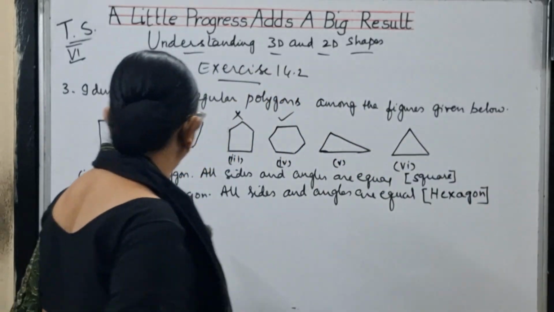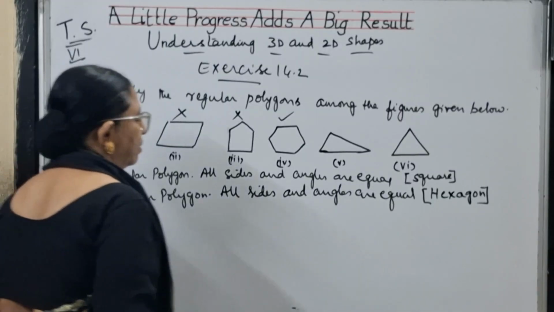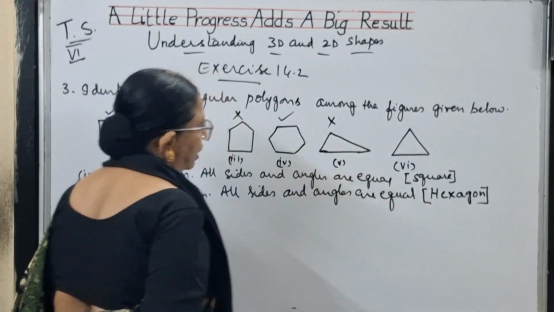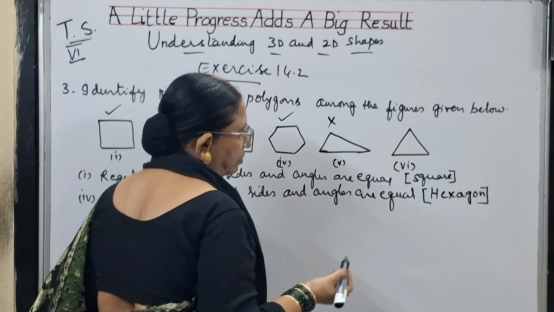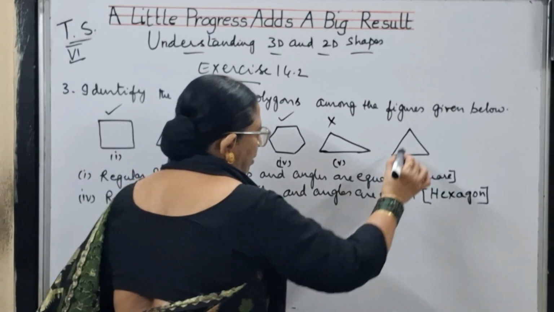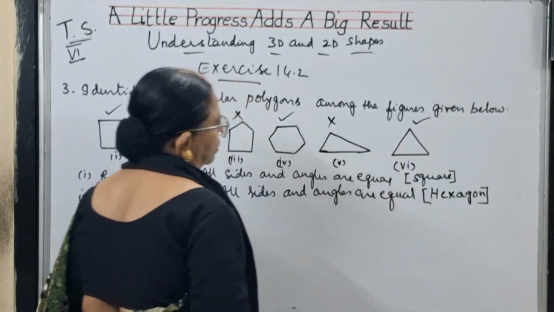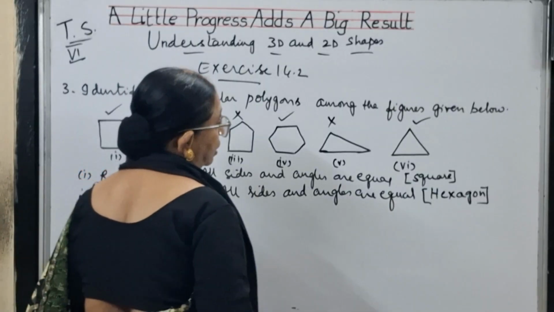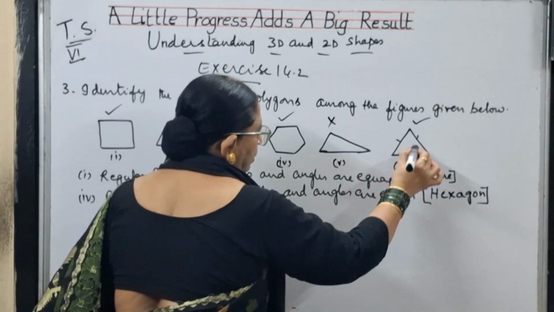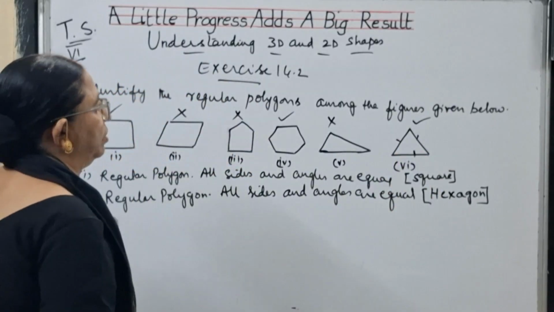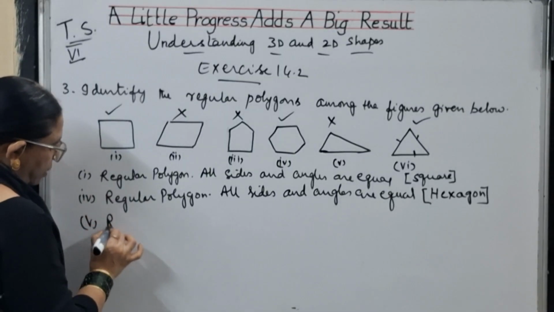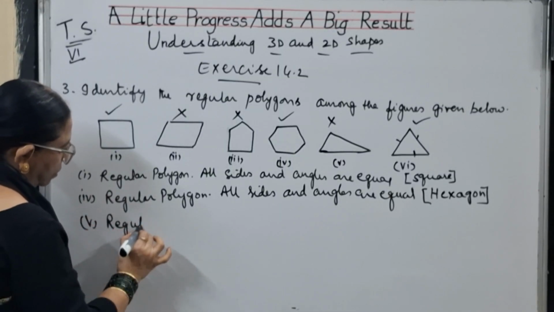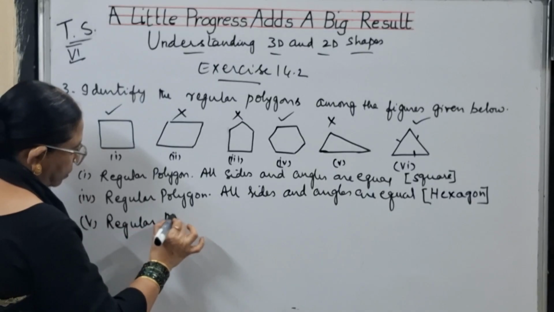So we call it a regular one. Then this is not, even though it is a triangle, but you can see the sides do not have the same measure. So definitely the angles will not be equal. But this will be a regular polygon because all the 3 sides are equal and all the angles are equal. So the fifth one is a regular polygon.